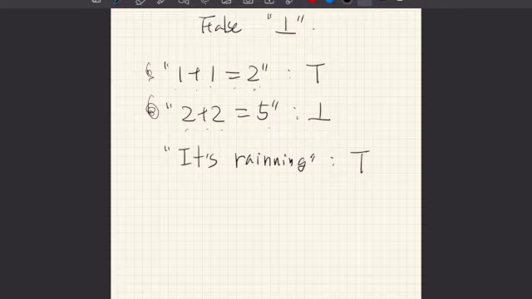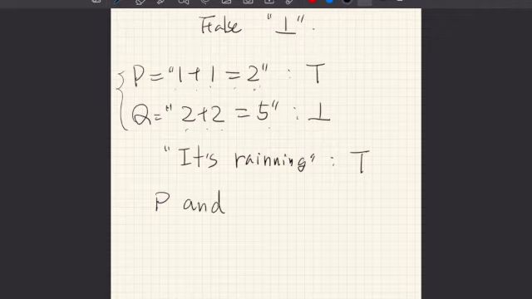Just to make things simpler, let's say this proposition is represented by the symbol P, and this proposition is represented by the symbol Q. So we can say P and Q. This looks like another proposition, right?